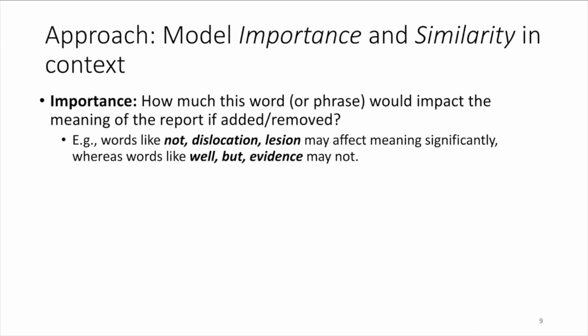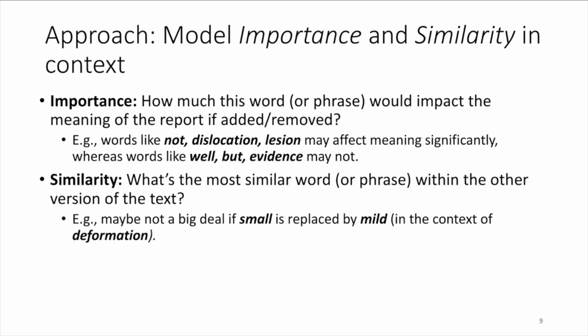To do this ranking, we model the importance and similarity of the terms in context. So specifically, we model how much a word would impact the meaning of the report if it were added or removed, given the particular context. So words perhaps like not or dislocation could change the meaning of a report significantly.